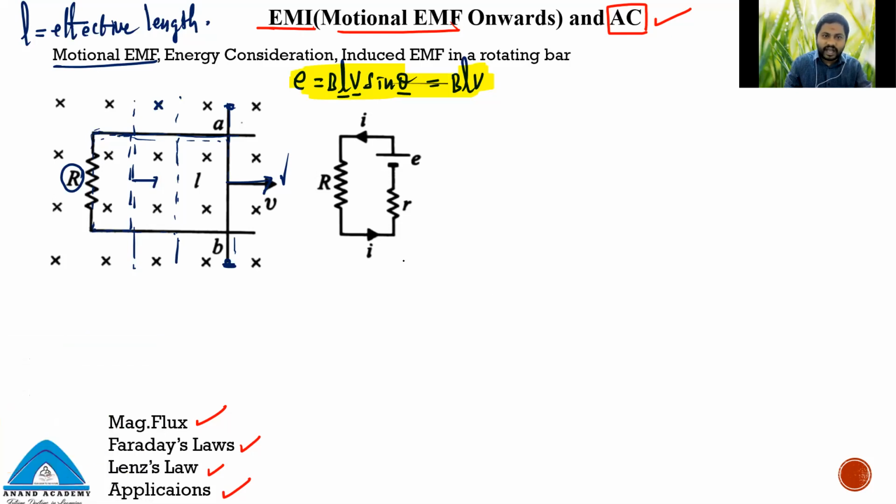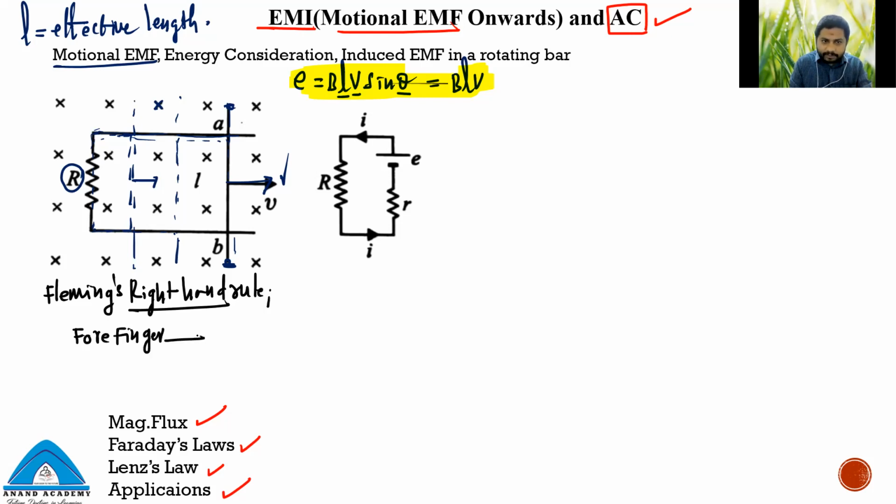How to represent it. Observe carefully. By using Fleming's right hand rule. You all know Fleming's right hand rule, my dear students, where the forefinger represents the magnetic field and the thumb points in the direction of motion of the conductor.